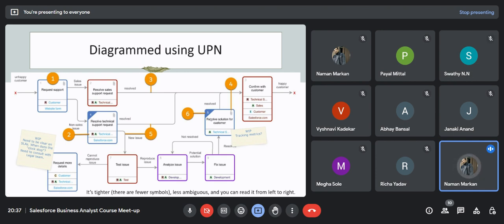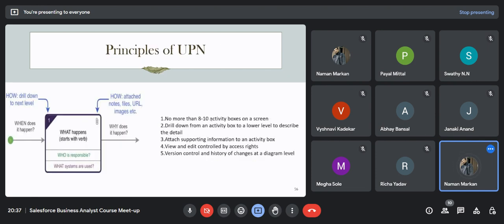So this particular UPN gives you an easy way of understanding from left to right, and gives you a clear understanding of who is involved, what exactly we need to do, and even we can attach certain documents to it. Now we have certain principles attached to the UPN.